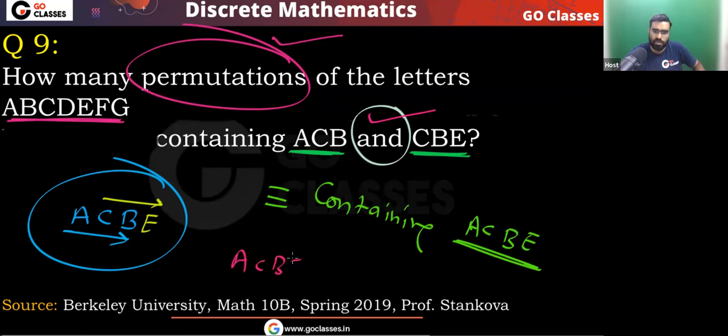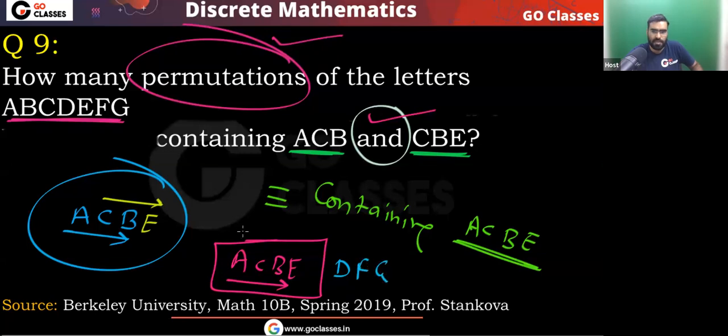You put them in a box, and where are the remaining? The remaining people are, for example, D, F, G. So the answer will be 1, 2, 3, 4. The answer will be 4 factorial.